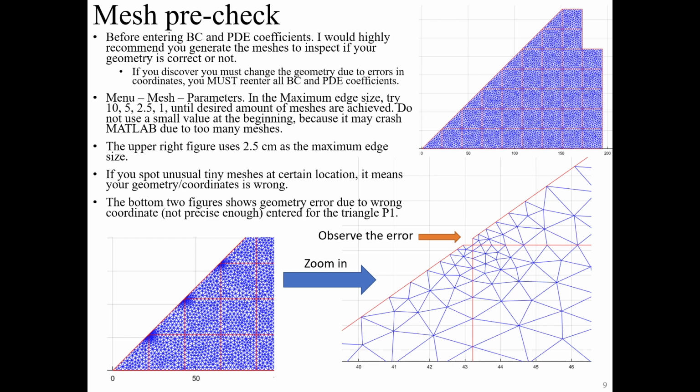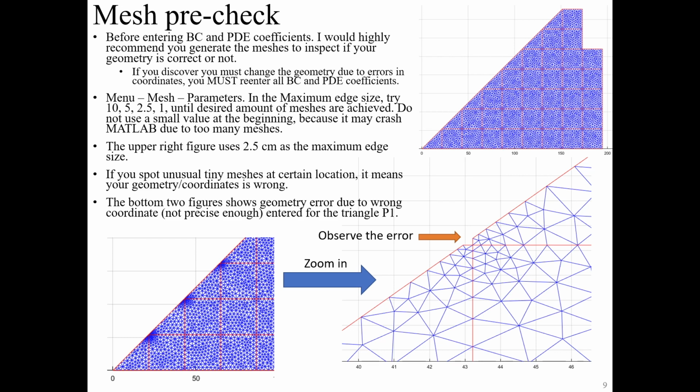The small imperfection of your geometric model can be revealed by this mesh quality. So you just go to your mesh mode and you use the menu mesh parameter. Then you enter some edge size and generate this mesh. You should see the uniform mesh as shown in the upper right figure, which is good quality of the meshes.